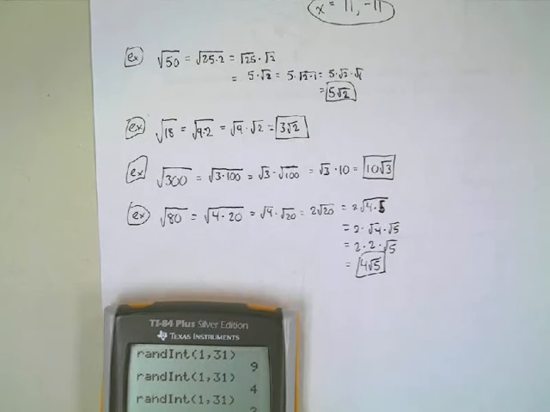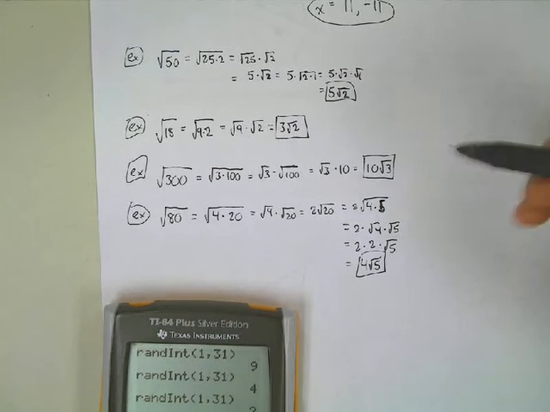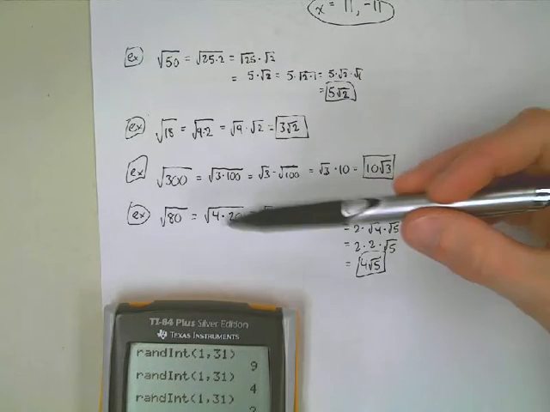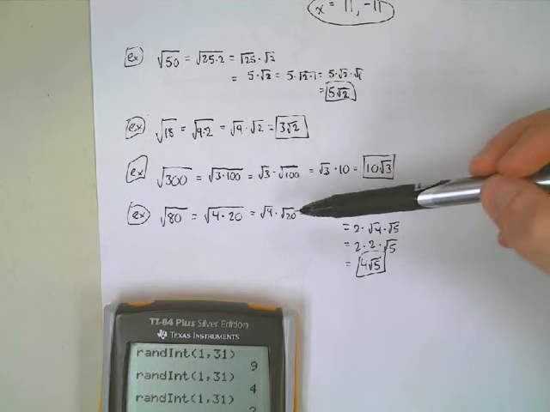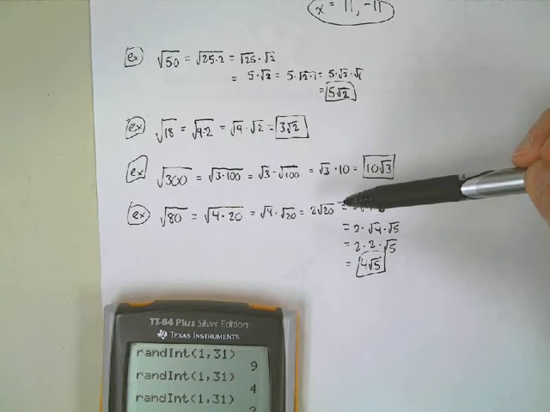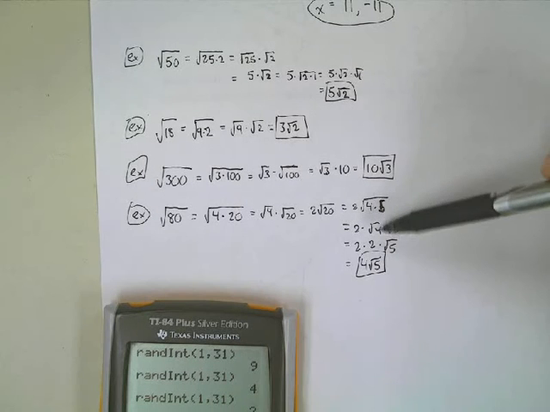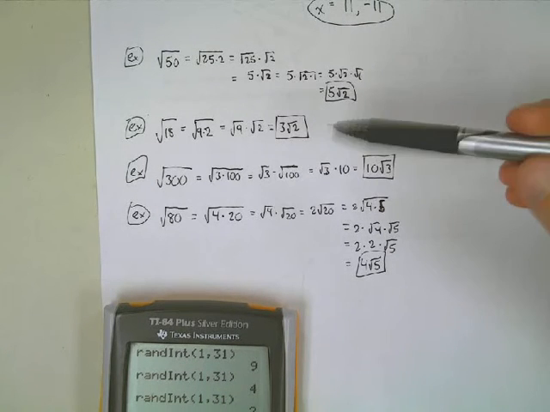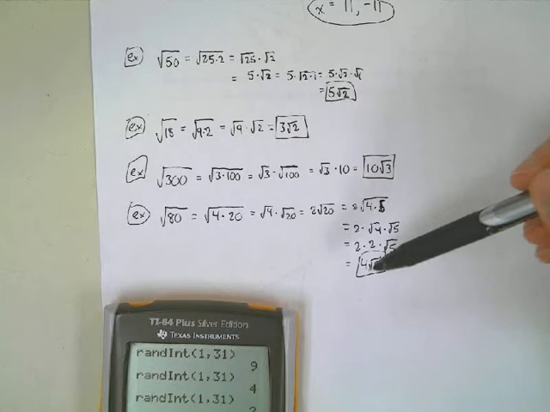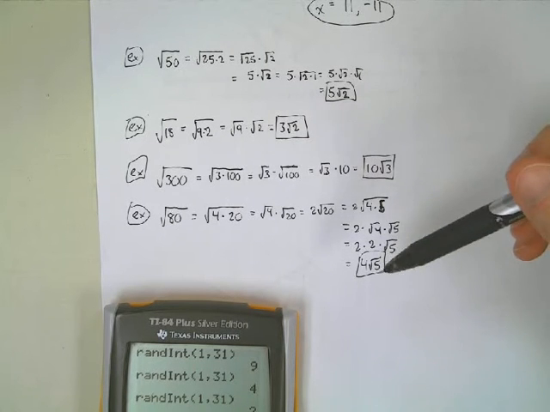Okay, so you'll see here that sometimes, after we pull out one perfect square, there's still another perfect square that we can factor out, right? That 20 could break down into 4 times 5, which is another perfect square there. And so our final answer here is 4 times the square root of 5. Okay, so Debbie brings up a good point here.